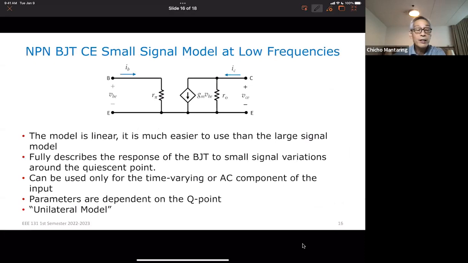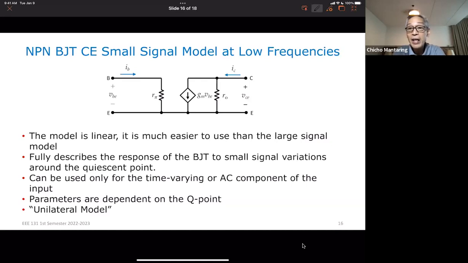Okay, so just to summarize, this is the NPN BJT common emitter small signal model. Now, there is a qualifier here: at low frequencies. Why at low frequencies? Because we are not taking into consideration the capacitances that exist in the transistor. The transistor has internal capacitances. Every time you have a junction, you have a capacitance because you have charge displacement.